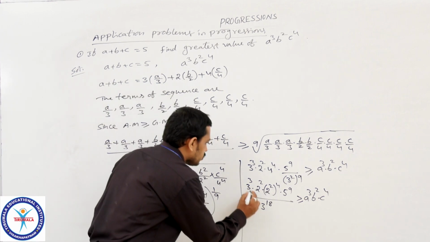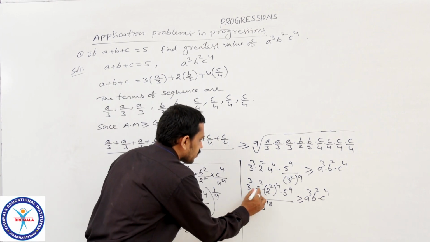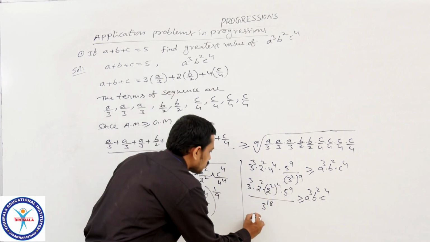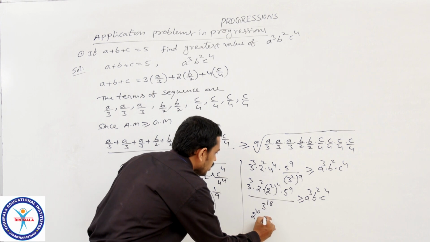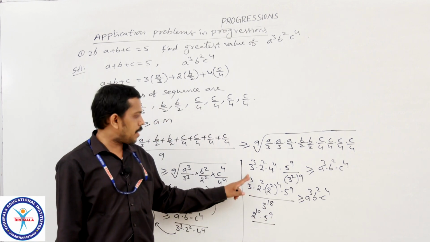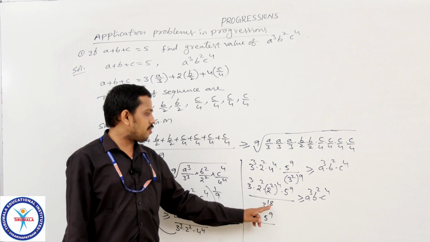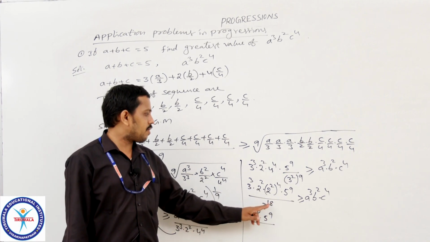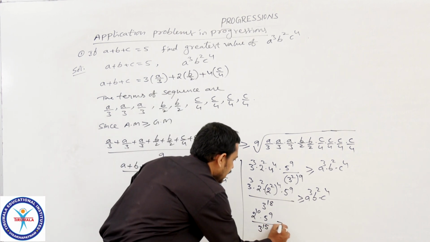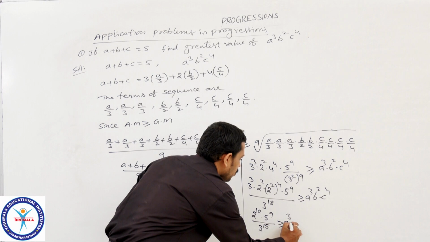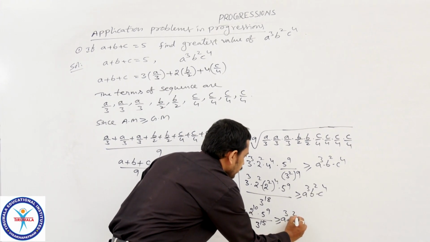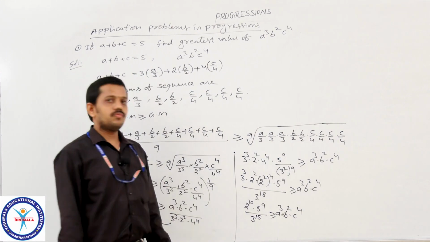So this is equal to 2 square into 2 power 8, that is 2 power 10, into 5 power 9 by 3 power 18. This is in the form of a power m by a power n, which is a power n minus m. So 3 power 18 minus 3, 3 power 15 is greater than or equal to a cube into b square into c power 4.